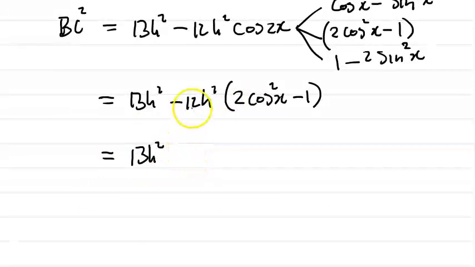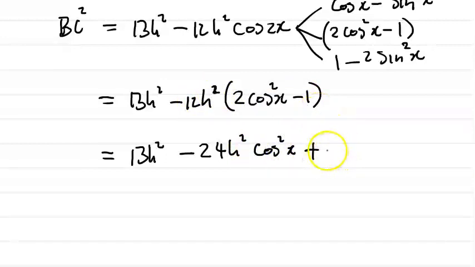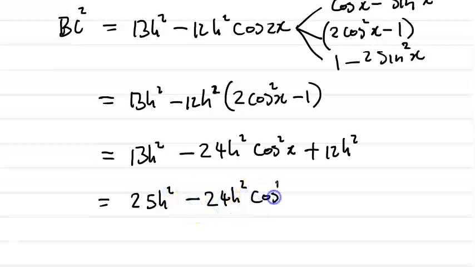We'll get minus 12h squared times that will be minus 24h squared times cos squared x, minus 12h squared times minus 1 will be plus 12h squared, which leaves us with 13h squared plus 12h squared is 25h squared minus 24h squared times cos squared x.